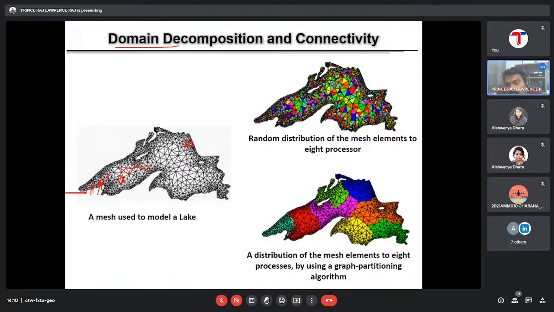So what to do then? We have to split them in a wise way, such that the number of processor communications must be less. It is not random cutting, but a distribution of elements in a certain area, so that I can reduce the communication. So this is the best way to do the domain decomposition.